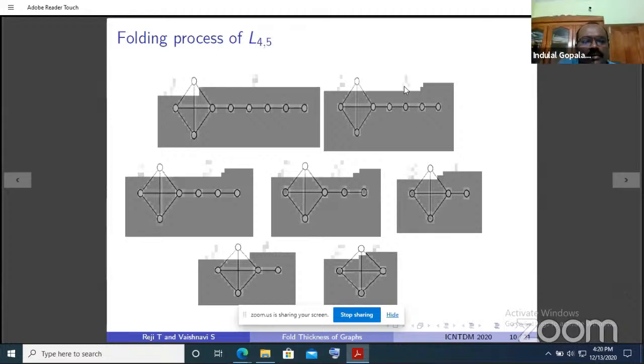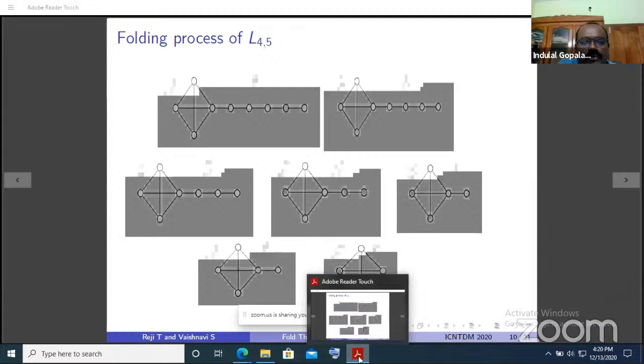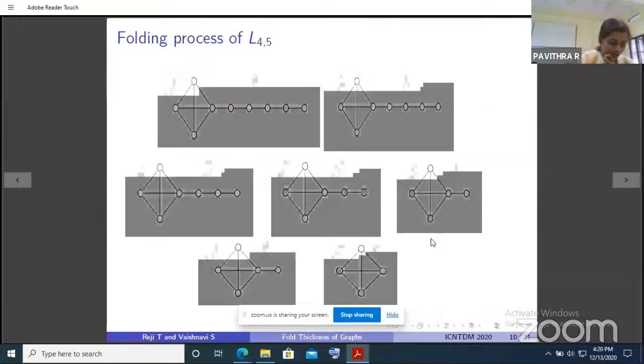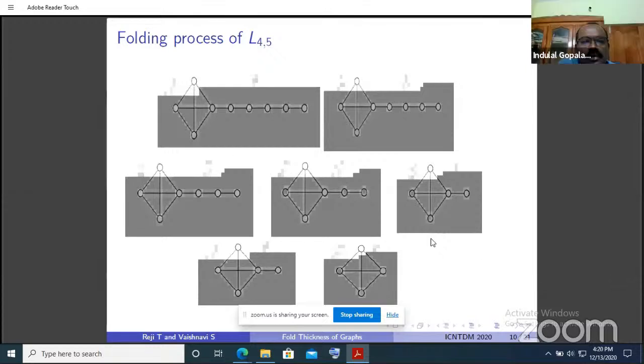No. For example, you consider the self-complementary graph on 5 vertices. Sir, can you repeat it? So you consider any graph G. Suppose G has two pendant vertices, say u and v, which are not adjacent, and unfortunately they have no common neighbors.